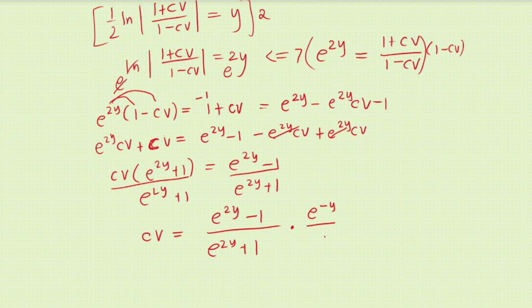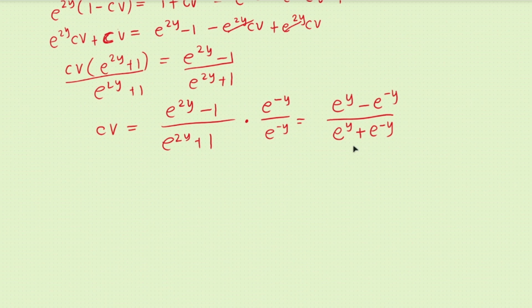negative y over e to the negative y. That's 2y minus y, that's e to the y minus 1 times e to the negative y. And e to the 2y times e to the negative y, that's 2y minus y, we're left with e to the y plus e to the negative y.